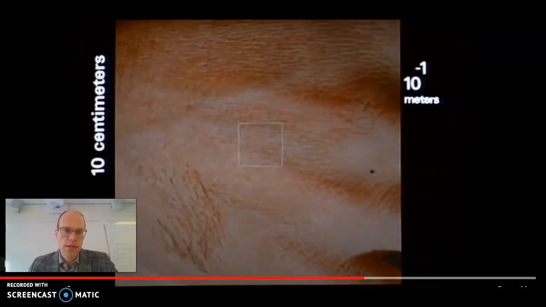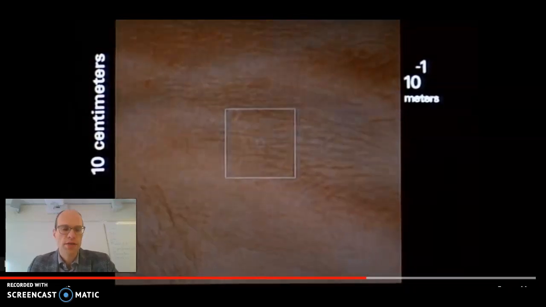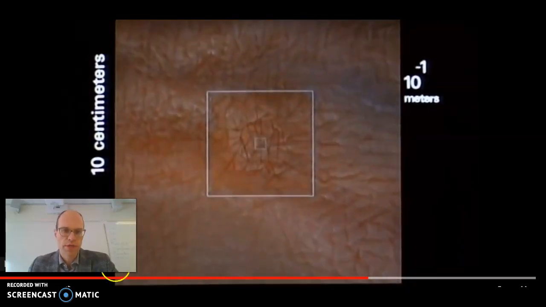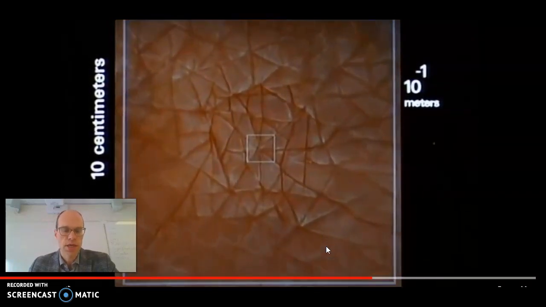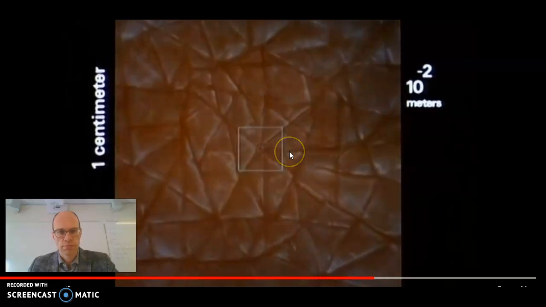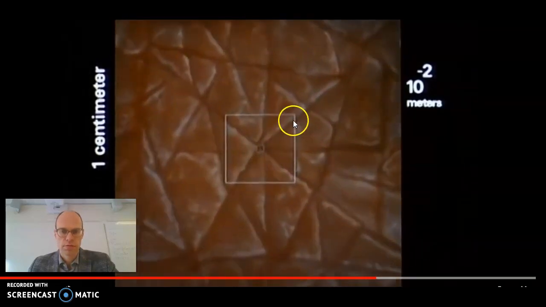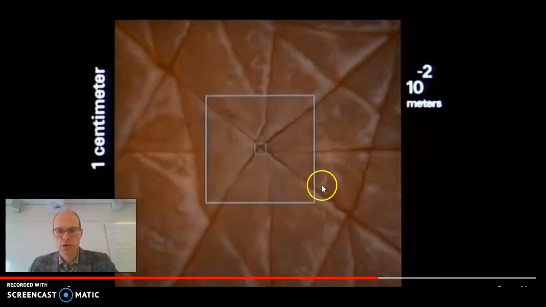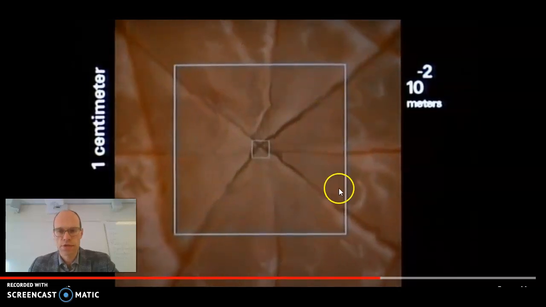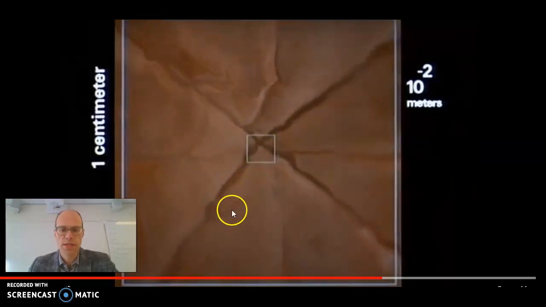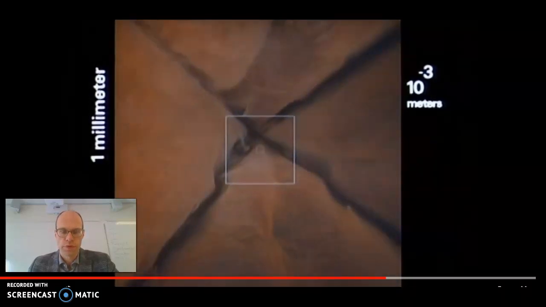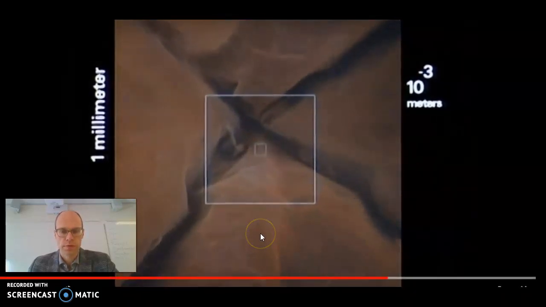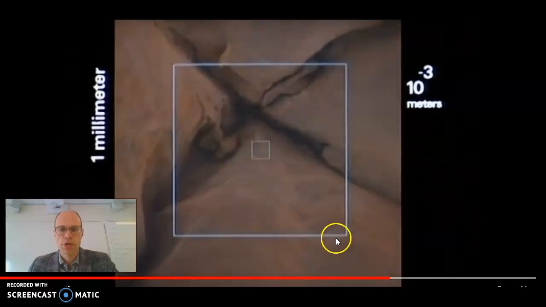Each step is a tenth of the one before. So we have this square is 1 centimeter, and we see the skin. And this is a millimeter, so we're approaching really the surface of the hand, and we're going inside the skin as well. And we're going to go to a capillary.